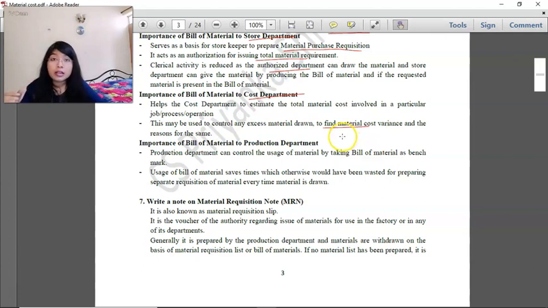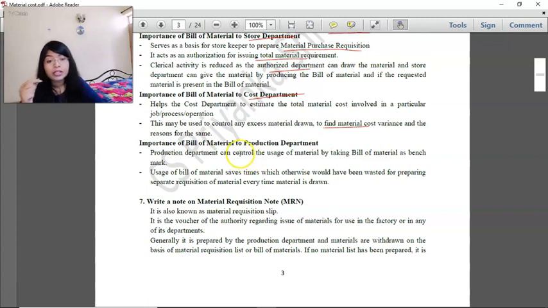There might be some standard which is set by the cost department that this should be my material cost. Suppose they have fixed that 1 crore should be my material cost. So if it goes beyond that, you will be able to find out that there is some cost variance going on. So you will be able to find some default, and then some rectification can be done on the same, because you know where you are lacking.